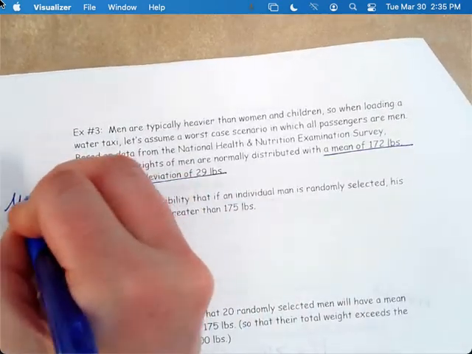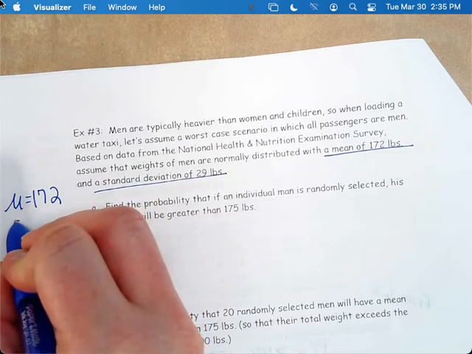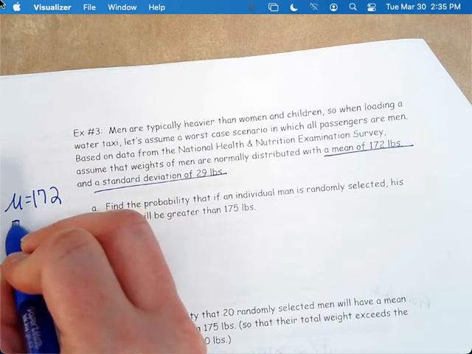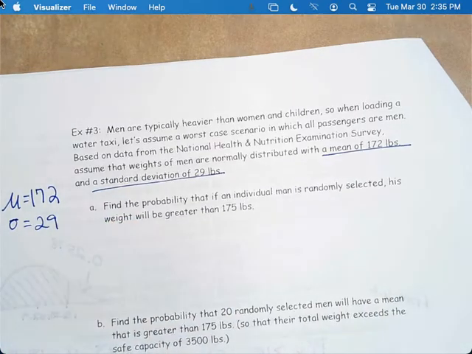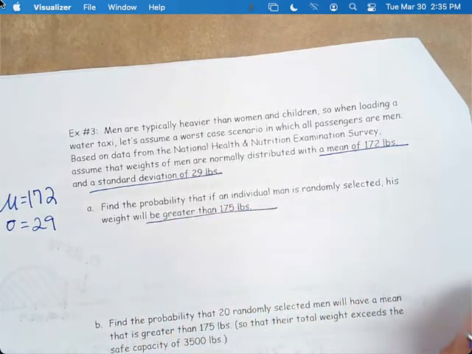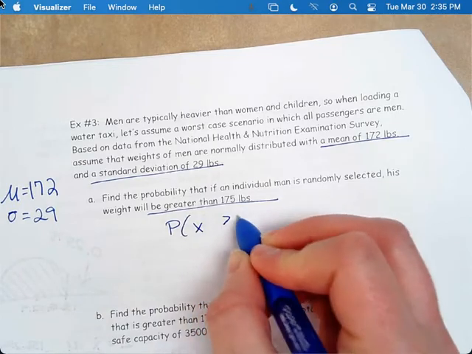So let's go ahead and write that. Find the probability that if an individual man is randomly selected, his weight will be greater than 175. So probability that some man's weight is greater than 175.